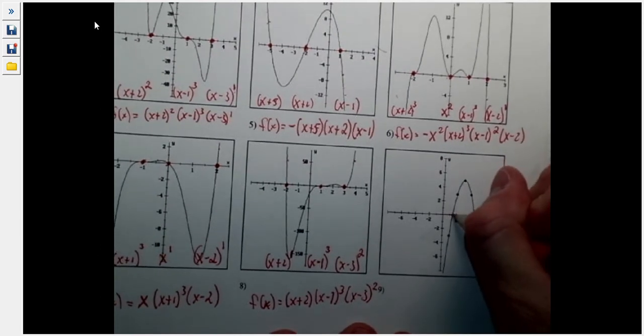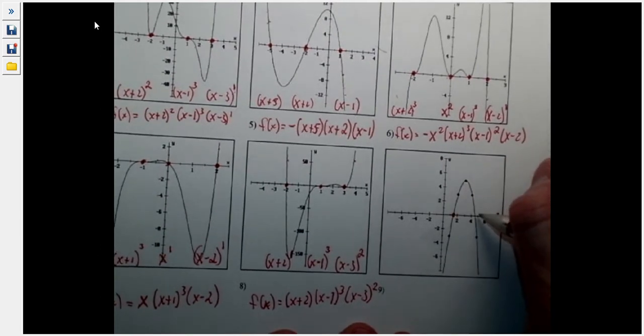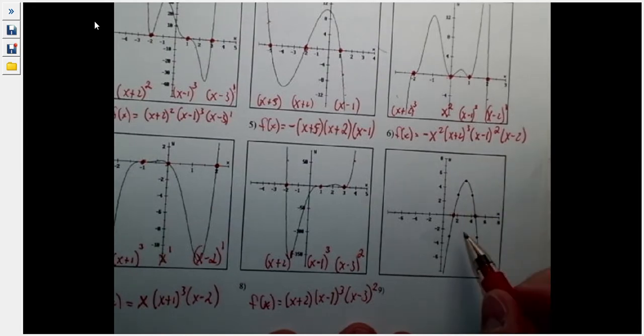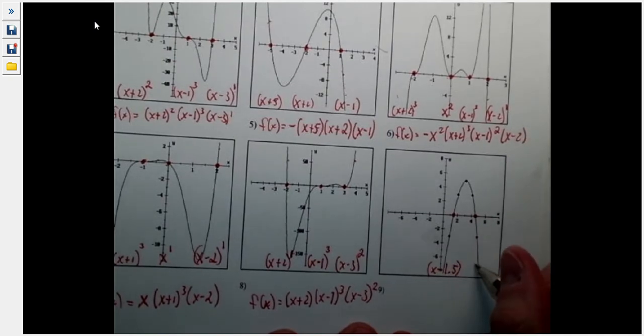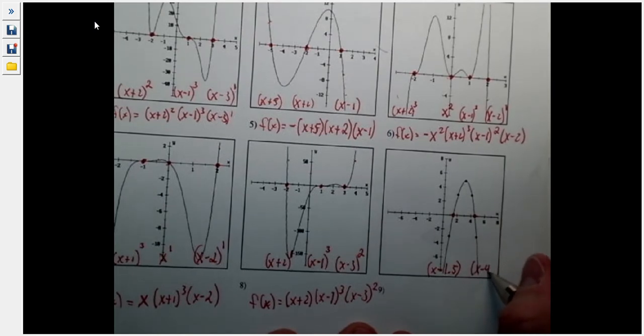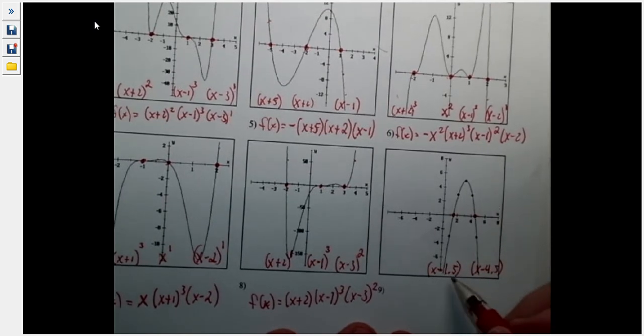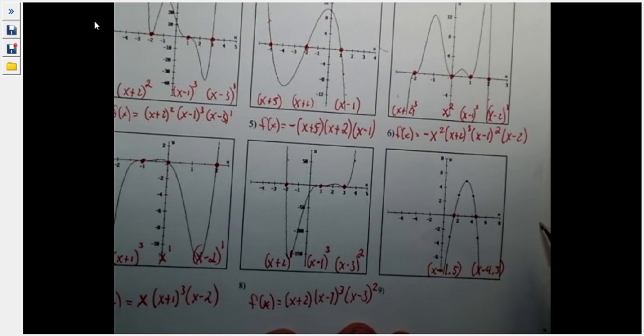Now, I threw this one in here just to teach you that they don't always have to be on a whole number. So this one is x minus 1.5, and this one is x minus 4.5. It doesn't matter. These numbers don't have to be whole numbers.